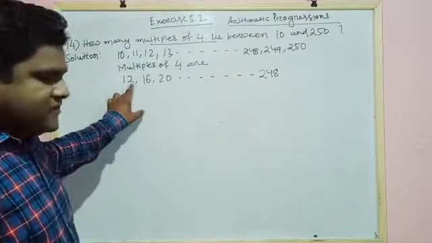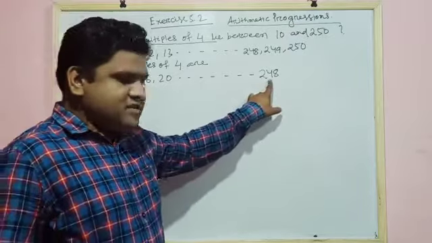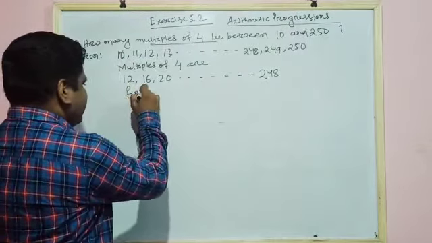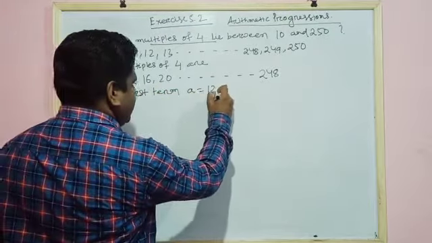In this progression, the first term a is 12, the difference is 4, and the last term is 248. Let's write this. First term a equal to 12.